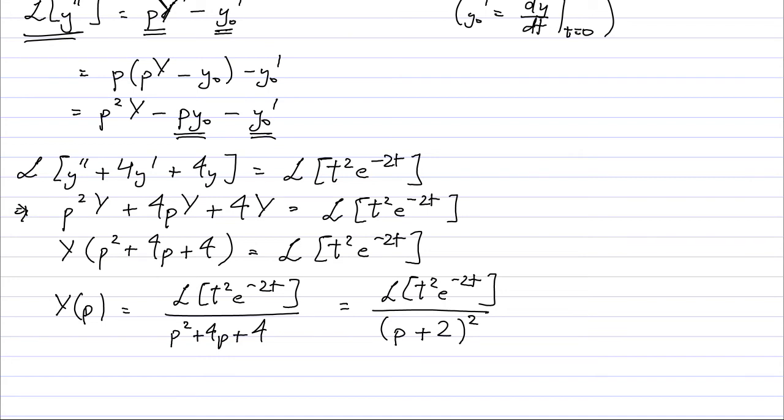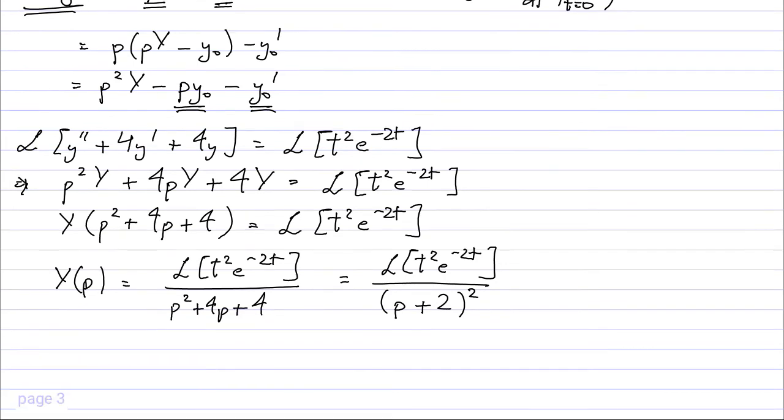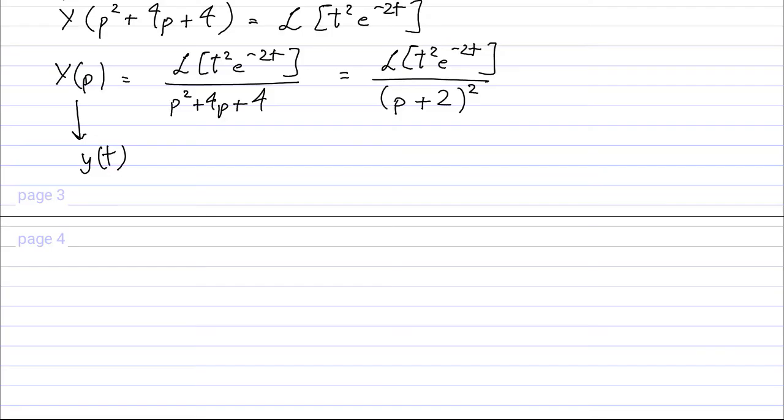Okay, now to proceed I just need to figure out y of t from capital Y of p. So I just need to take the inverse Laplace transform. I can proceed in two different ways. Let me first simplify this numerator over here. Let me first find out the Laplace transform of t square e raised to power minus 2t. What's the Laplace transform of that?